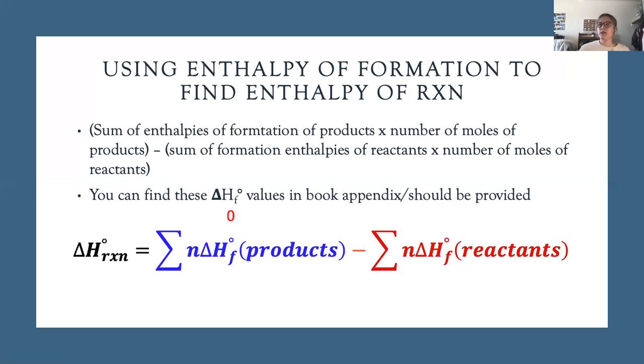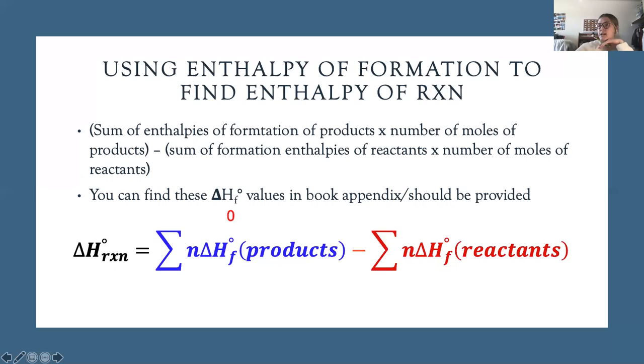To find the enthalpy of a reaction, you take the sum of enthalpies of formation, which you'd find on a sheet in the back of your chemistry book, of the products, specifically the products, and you multiply that by the number of moles of the products. Then you sum those all up. Then you subtract that from the sum of the formation enthalpies of the reactants times the number of moles of the reactants.